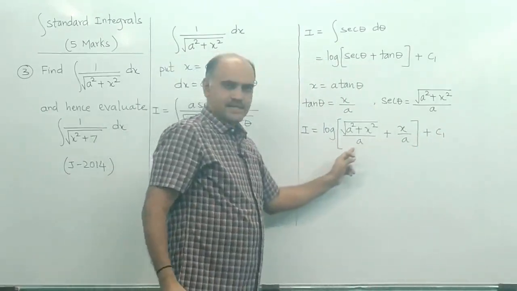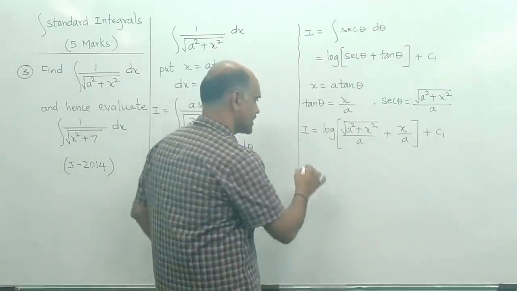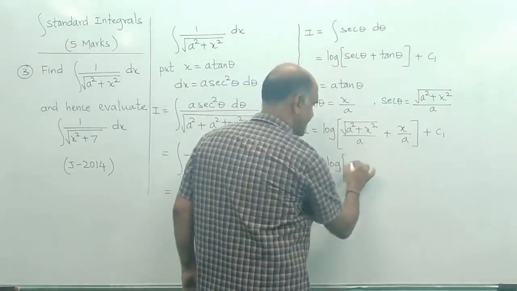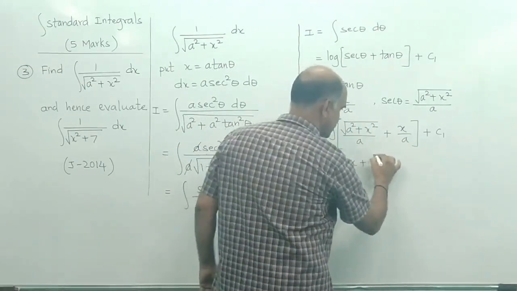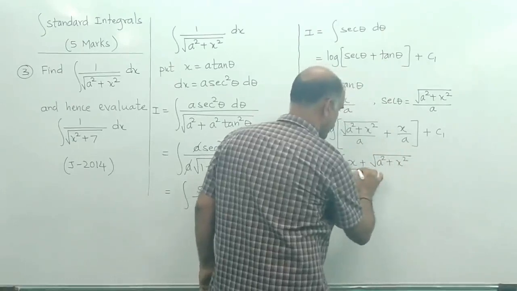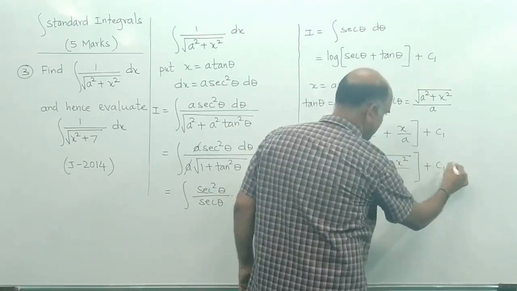Again LCM is a, you write whole divided by a, simplify, you will have the answer. So log, first I will write x plus root of a square plus x square whole divided by a, bracket complete plus c1.